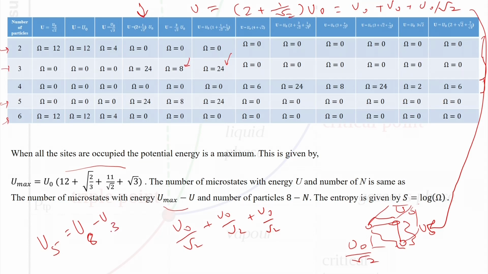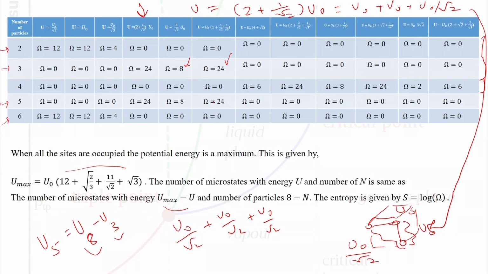So the maximum possible energy minus this. However, the omegas are the same. The number of ways in which you can populate those locations for 5 is identical to 3 as far as omega is concerned. So 6 is identical to 2.